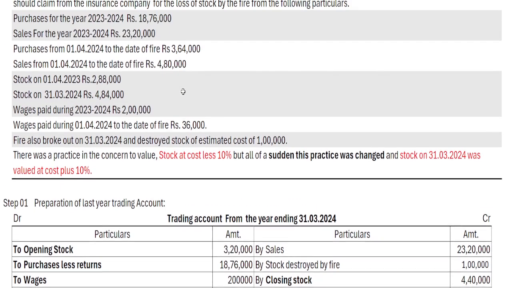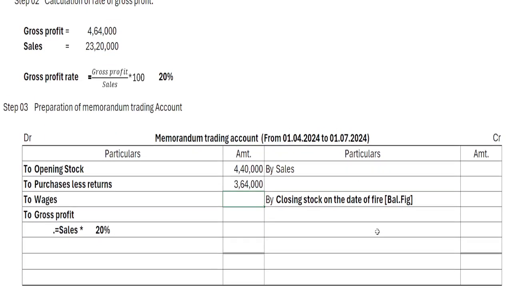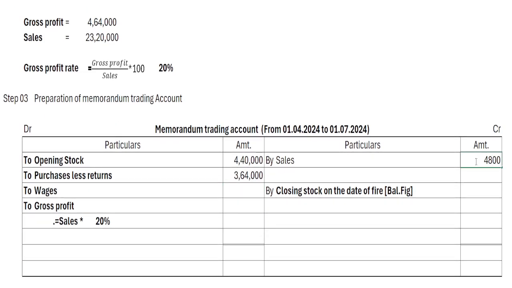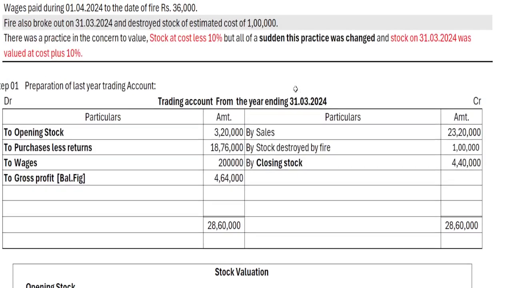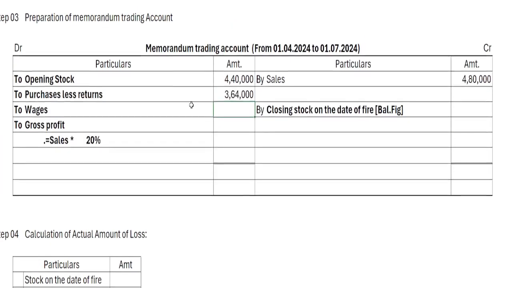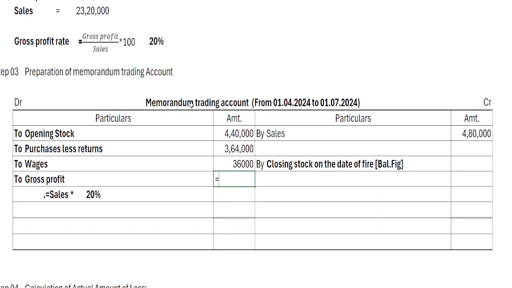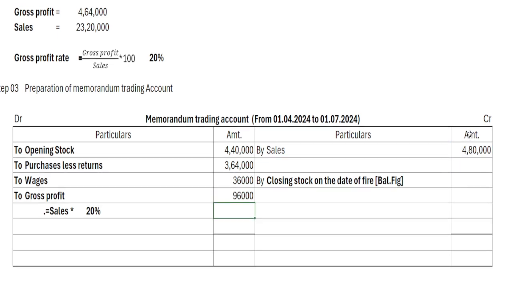Sales is 4 lakh 80,000. Then wages is 36,000. Gross profit is sales into 20%, which is 96,000.